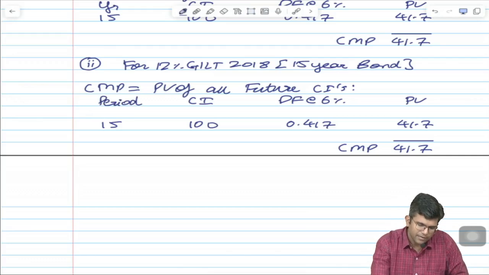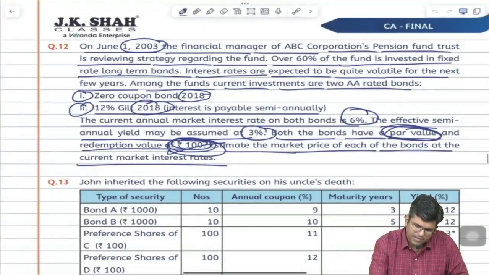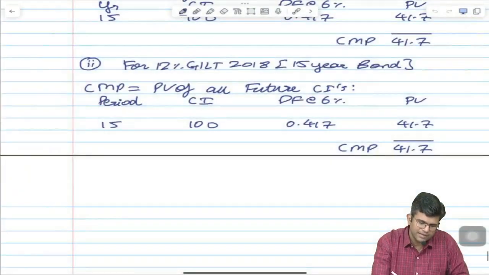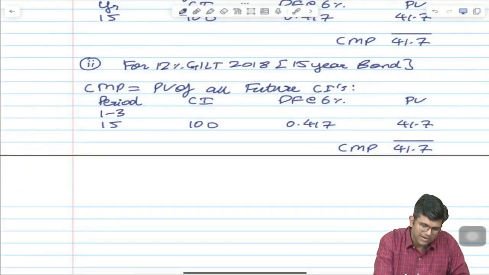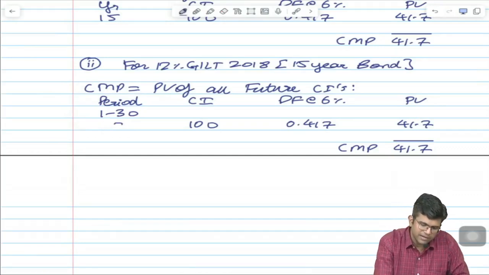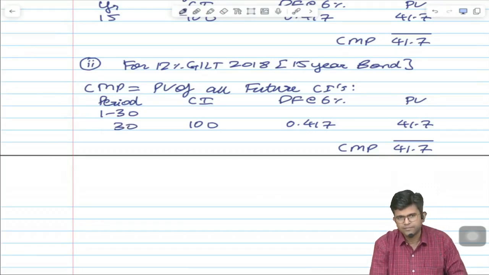Because they are saying that the interest is payable on semi-annual basis. So in this bond, for 30 periods you will get the coupon, and at the end of the 30th period you will get the redemption.